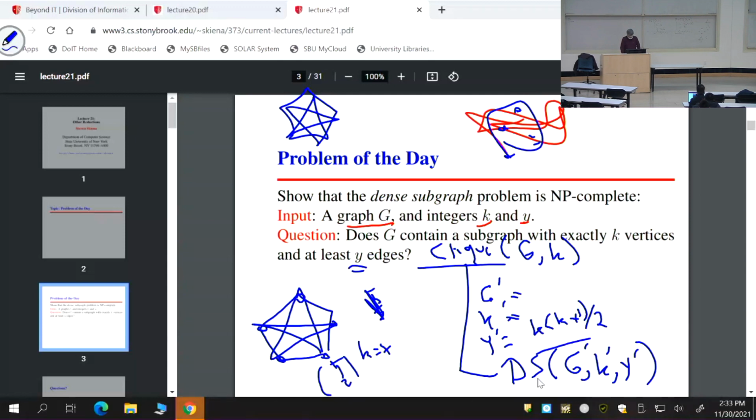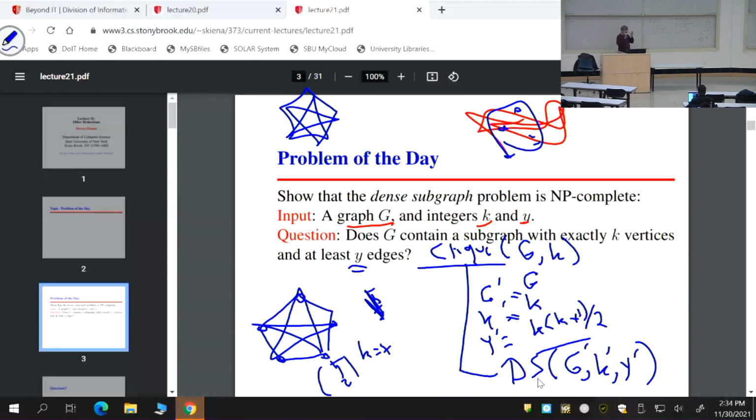What is k prime going to be? Finish my reduction here. What is G prime and what is K prime? G prime is just G, and k prime is just k. Does everybody see that's what we want?